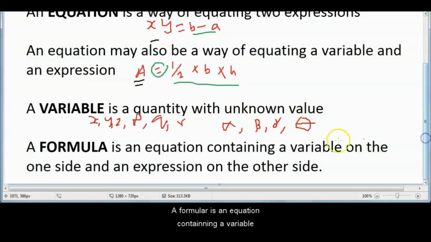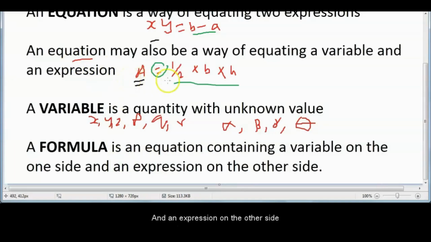A formula is an equation containing a variable on one side and an expression on the other side. So a formula is an equation, but the type of equation that has a variable on one side and an expression on the other side. I'm still going to use that example.